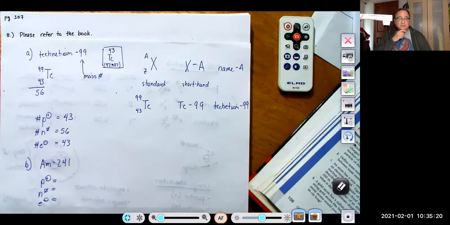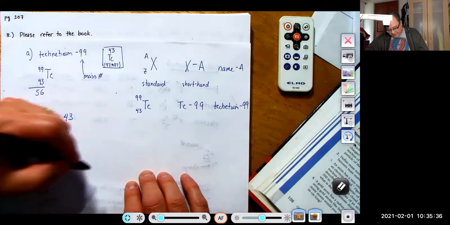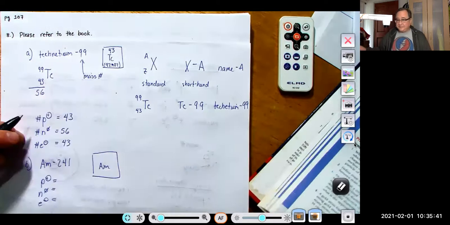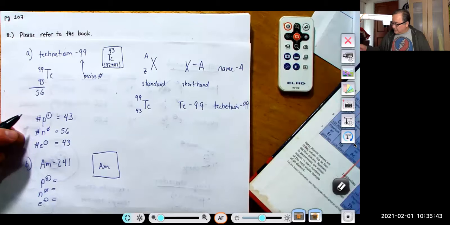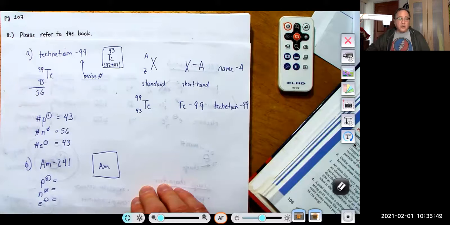Where are you? So you have to find it on the periodic table. If you haven't found it yet, check the bottom row.